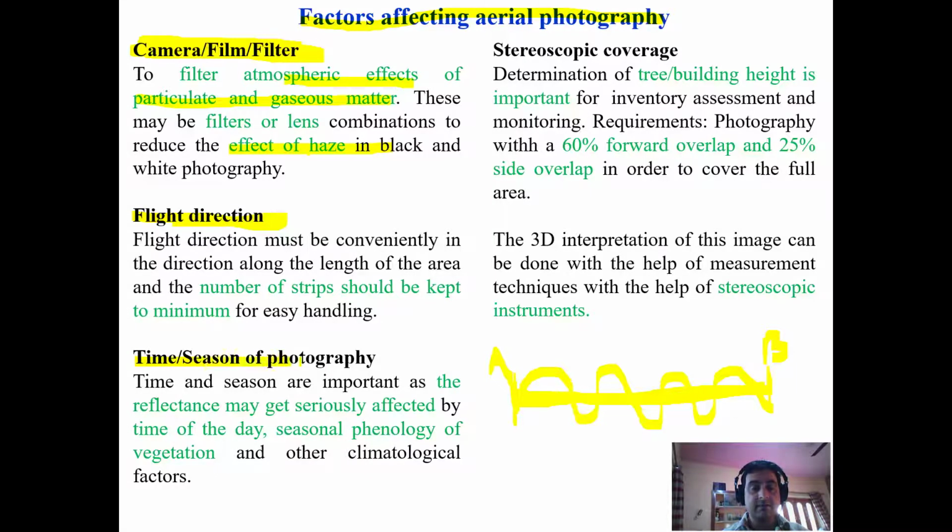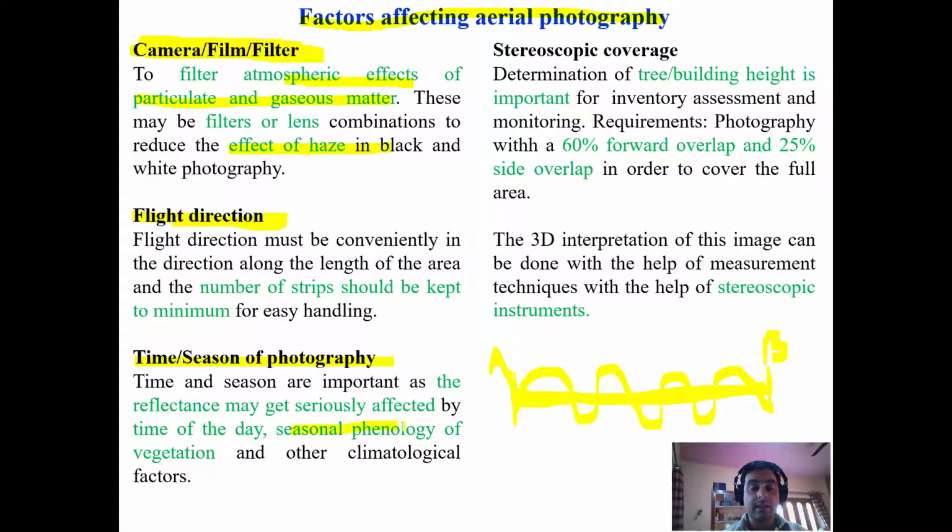Time and season of photography is also an important factor. The time of the day when you are taking the aerial photograph is important, because during daytime when the sun is there, the features on the photograph may be clearly distinguished from each other.